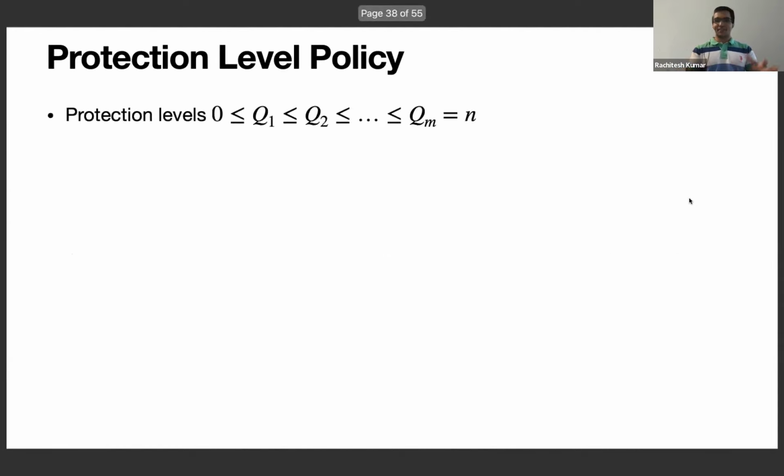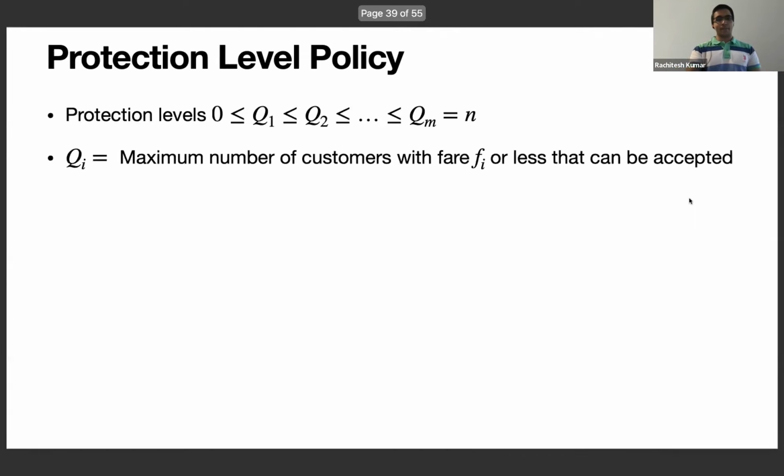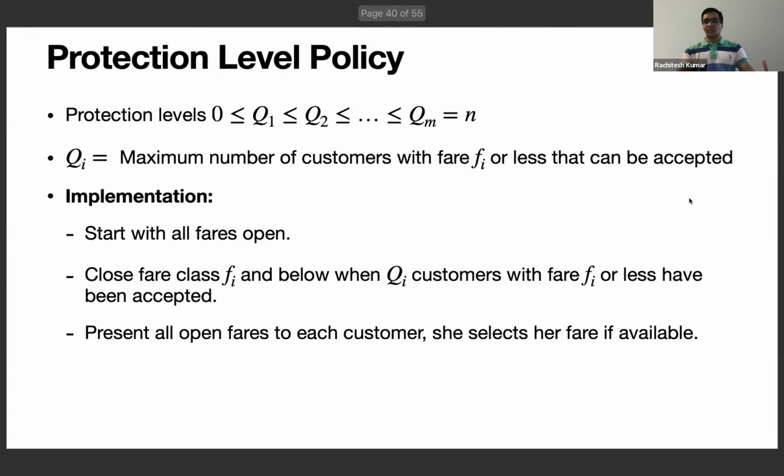Just a quick recap of protection level policy, again, parameterized by m protection levels, one for each fare. Q_i here is the maximum number of customers of fare f_i or less that should be accepted. But I'll give you an alternative implementation. This is what you might have seen on actual airline websites. You start with all fares open. And every time a customer arrives, if her fare class is available in the open fares, she buys a ticket, otherwise she leaves.